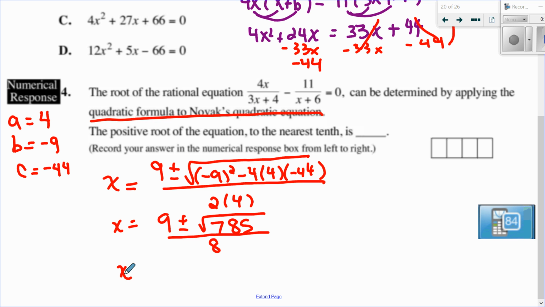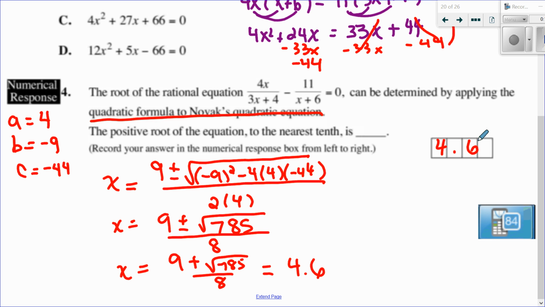So I only want the positive root, so that's just the plus, and then divide by 8. So I just plug this into my calculator. So I'm going to do 9 plus the square root of 785 equals, divided by 8 equals, and I get 4.6 to the nearest tenth. So I know that's what my answer is.